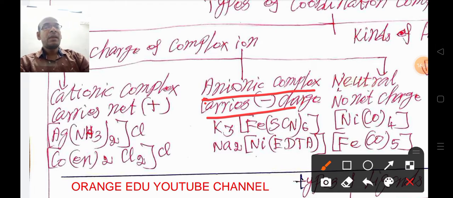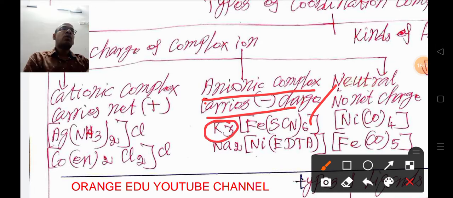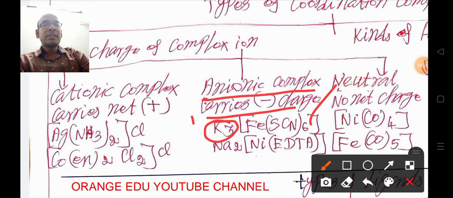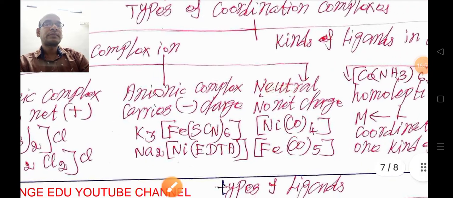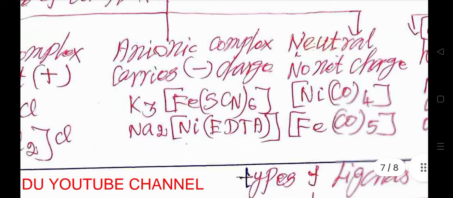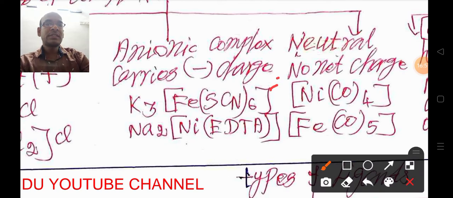For this complex ion, potassium, we have already seen that the potassium ion has a plus 1 charge, so totally 3 plus. Therefore, the square bracket complex ion has minus 3.